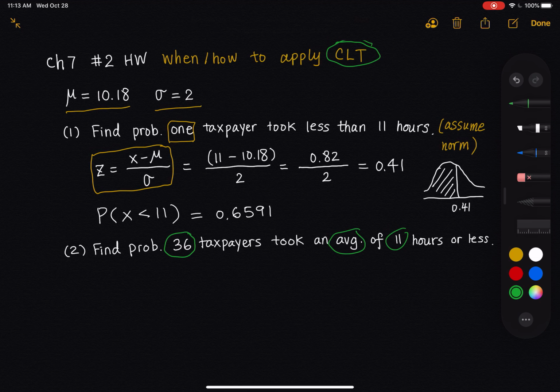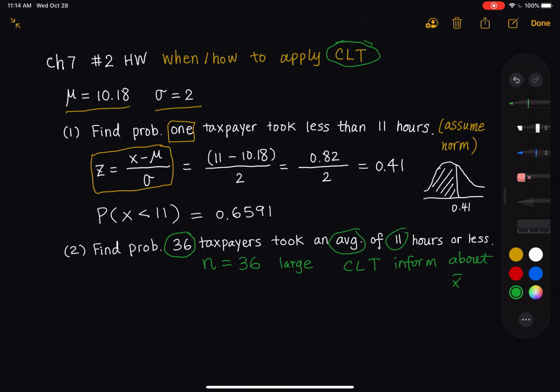In that case, n is a sample size, which is 36, and because 36 is large enough, even if we do not know the distribution of the time it takes taxpayers to complete the tax return, we can apply the central limit theorem to inform us about the average.